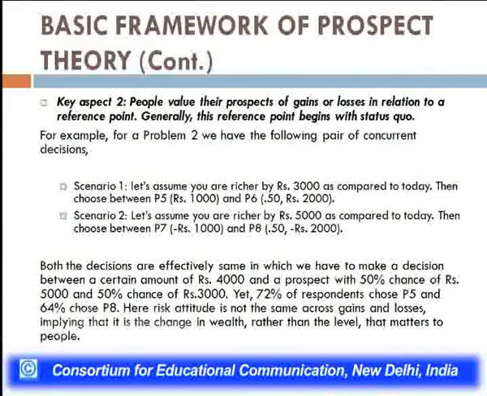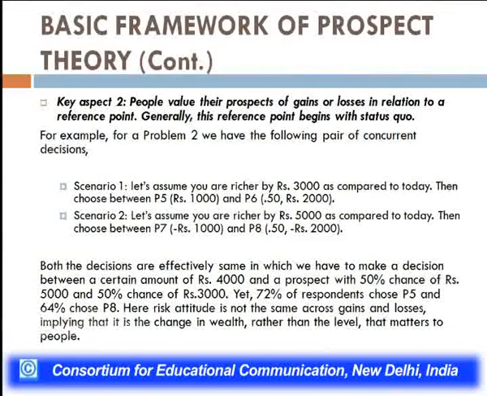Every person can have a different status quo; every person can start from a different level of income or career or decision making level. So, let us take another example. There are two scenarios. Scenario number 1: let us assume you are richer by 3000 rupees as compared to today, and then you are given two alternatives.